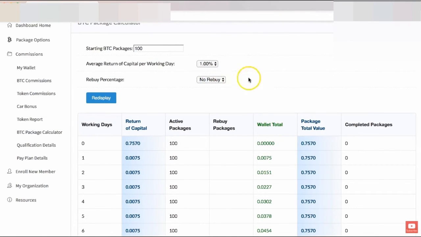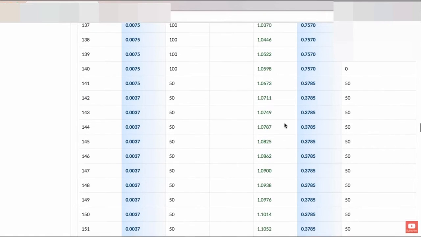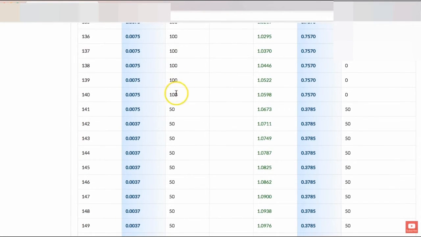So if we set this to no rebuy, and just for a quick example, we go down to the 140th day because we're averaging 1%. You'll see here that we have 100 packs working for us, and then you see our available balance on day 140, which the package value at the start was 0.75 Bitcoin, but because we've gained that 140%, that money from our initial capital that we put in, plus the 140%, we now have gained money on our money as it's been working for us.